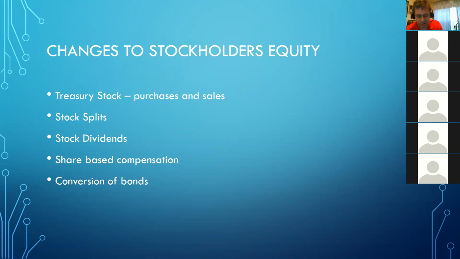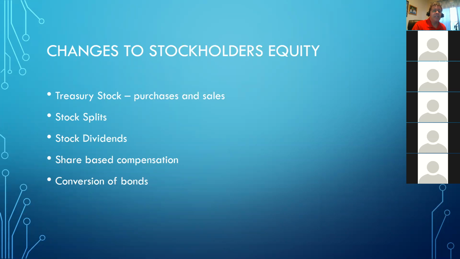Stock dividends are similar. However, stock dividends do bring with them a journal entry. Typically, we're going to debit retained earnings and credit common stock, additional paid-in capital. Typically just common stock.